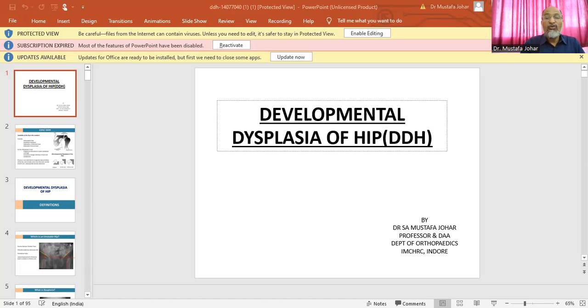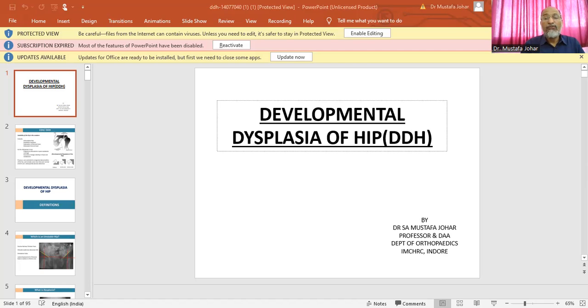Then on the X-ray, you have the acetabular index, which speaks of the shallowness or the deepness of the acetabulum, and the lateral displacement of the femoral head is measured by Perkin's line, which is a perpendicular line dropped from the anterior superior iliac spine.